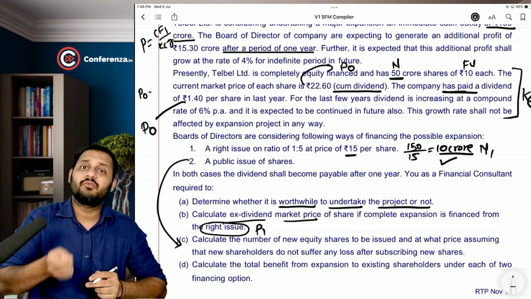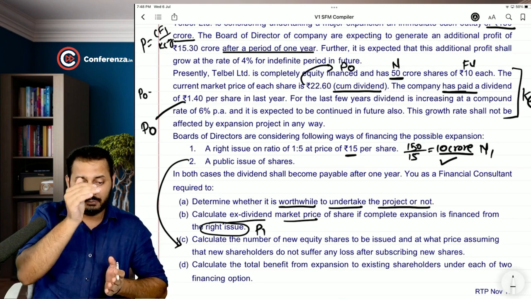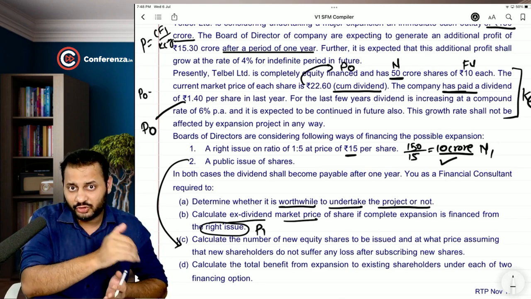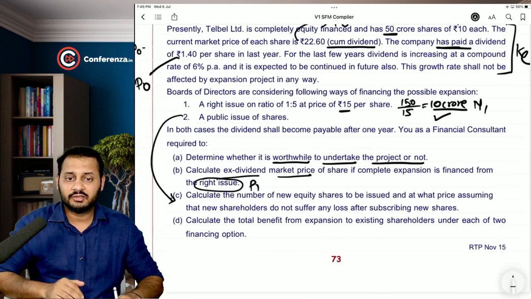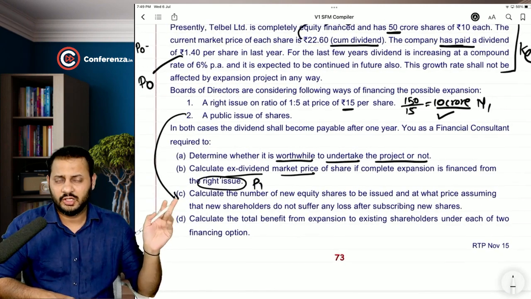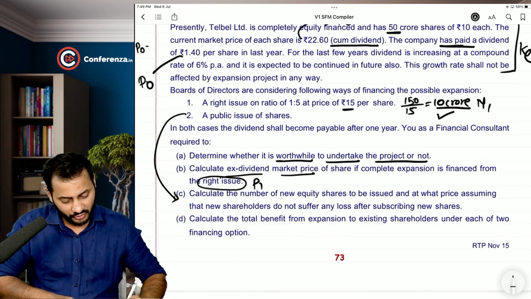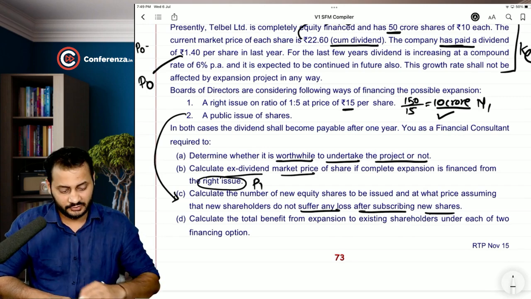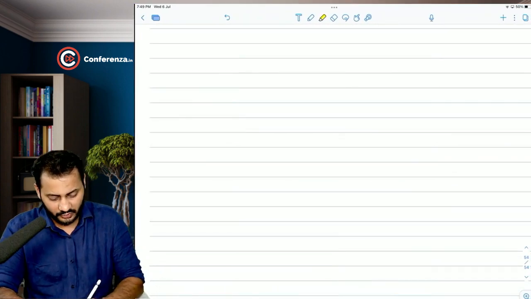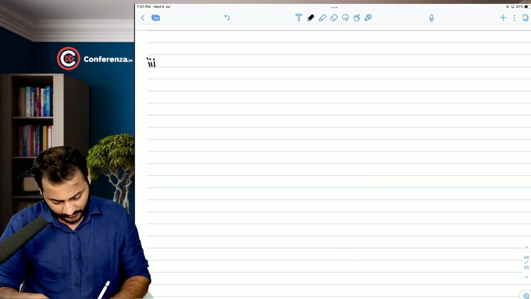And second, at what price we should issue, so that after the issue, the market price of the share should not fall. If it falls, then there will be a loss. Even if it falls, there should not be any loss. They should not suffer any loss after subscribing to the new shares. What they all want to say is like this. Now what is going to happen?